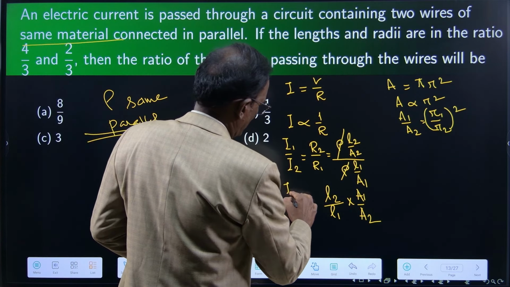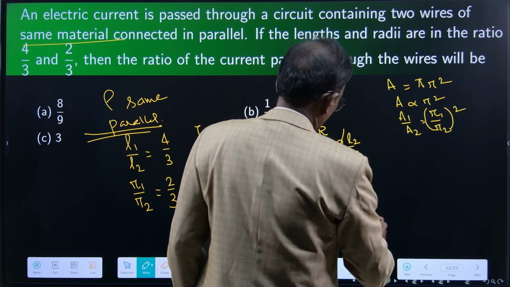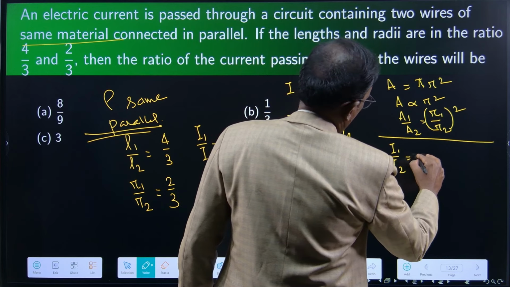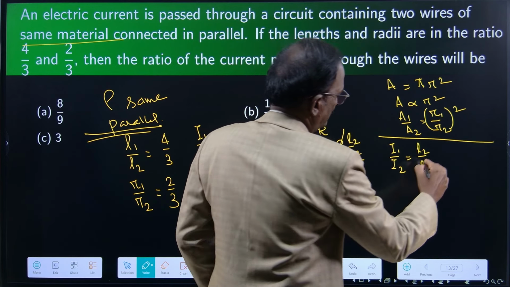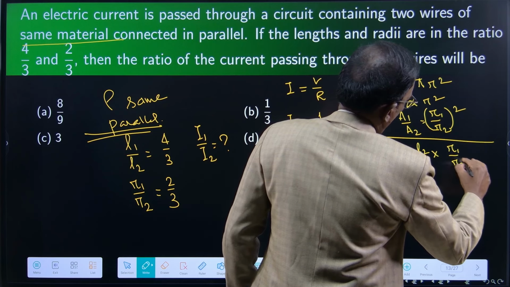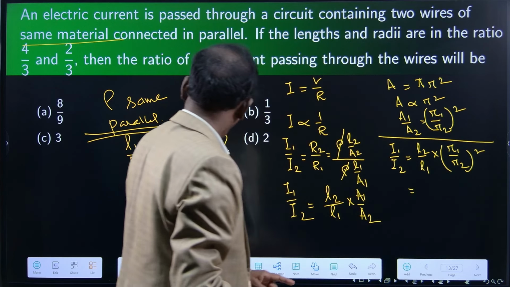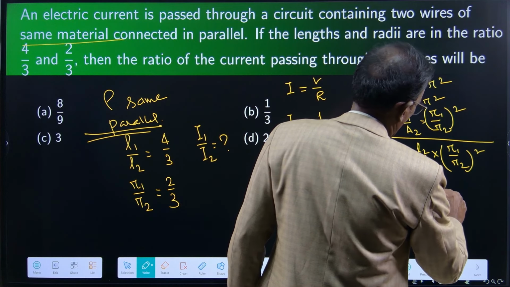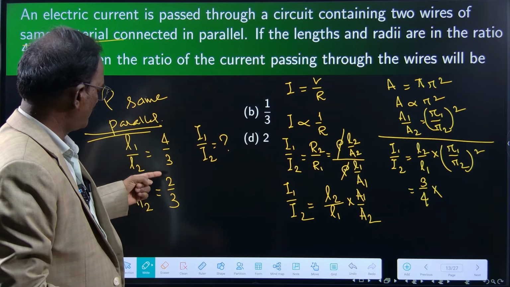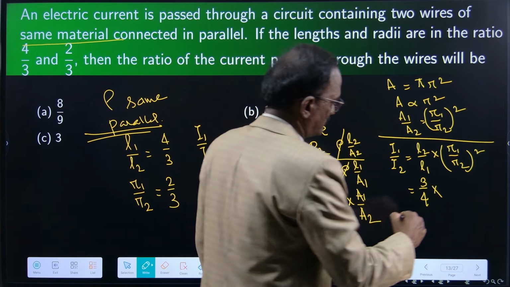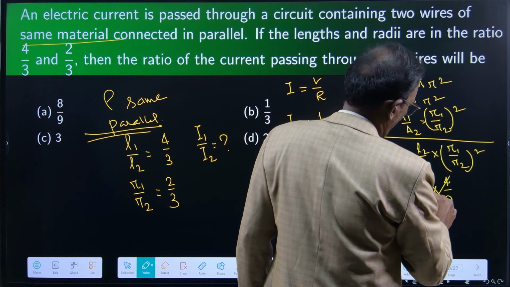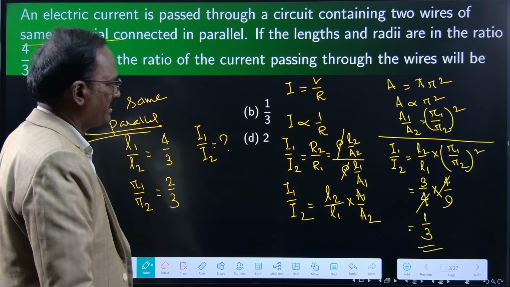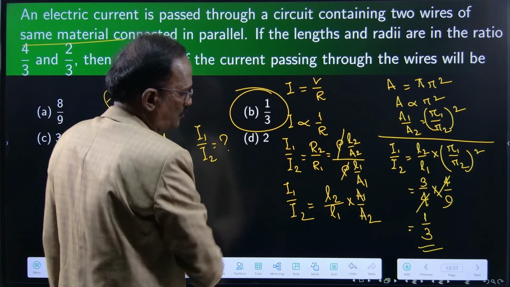In this relation I am putting I1 by I2 is equal to L2 by L1 into R1 by R2 square. L2 by L1, 4 by 3, so this will be 3 by 4, into R1 by R2, 2 by 3 square, so 4 by 9. 4 and 4, this will be 1 by 3. The answer is 1 by 3, the ratio I1 by I2. Option B, 1 by 3.